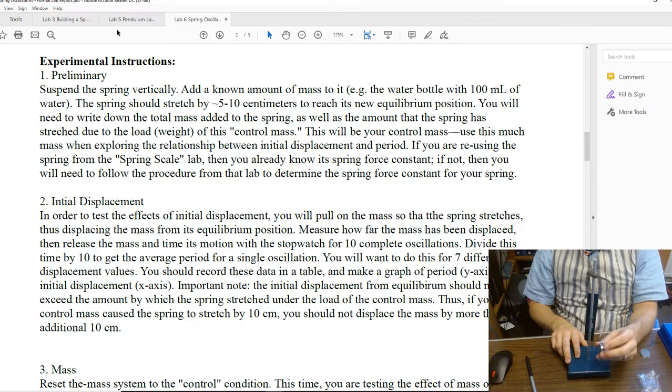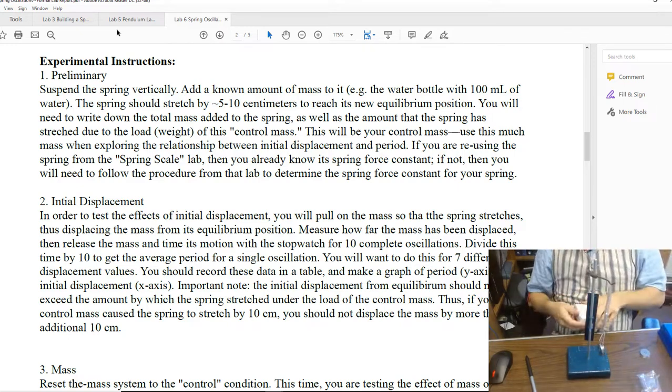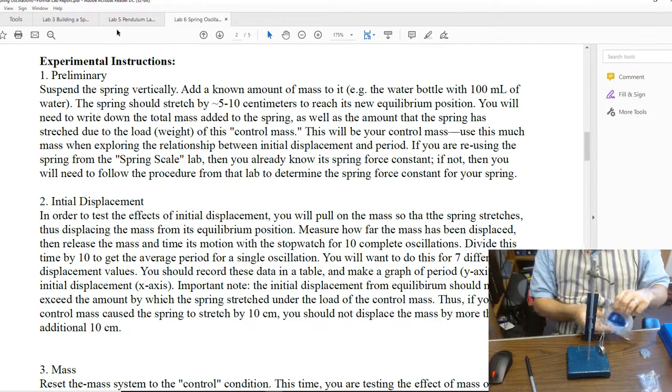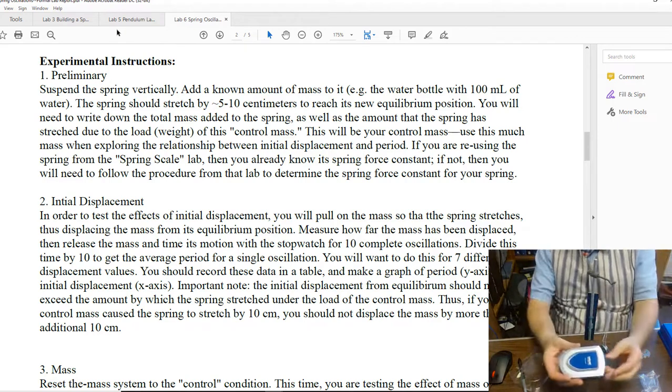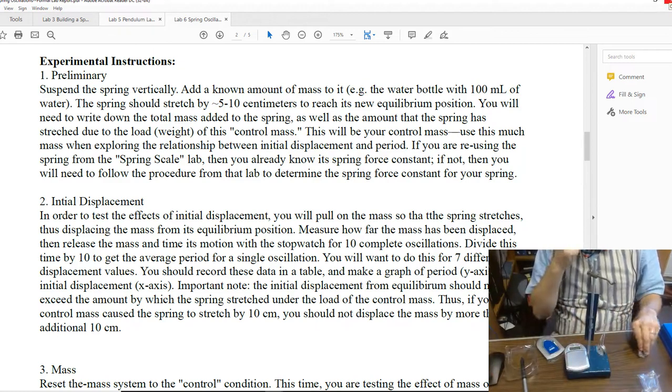And in case you're wondering, is this a known amount of mass? Well, for me, I'm set up so that I have a little scale here that I can use to basically weigh out each of these washers.